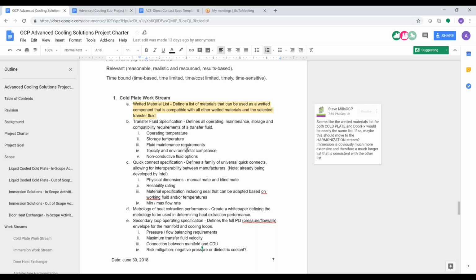Steve and I haven't synced up on this, but I don't think the intent of having a specific harmonization work stream is necessarily to preclude or to hinder us from converging on wetted material lists for each of these groups. I think we just need to work those in each of the independent work streams and then bring them back together and make sure that we create harmonization at the end. That would be my intent.